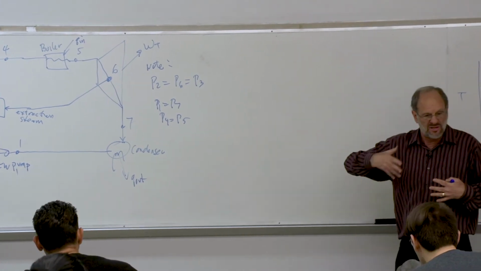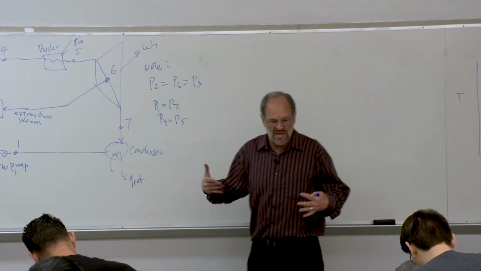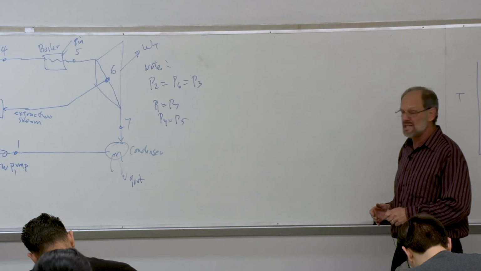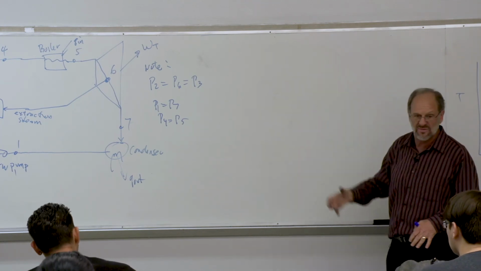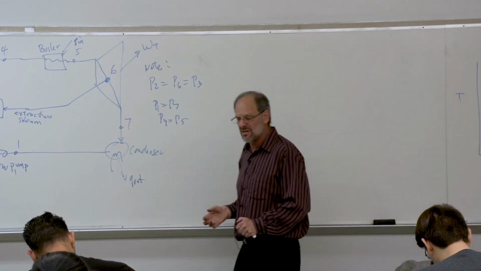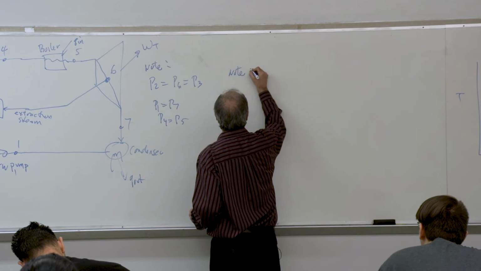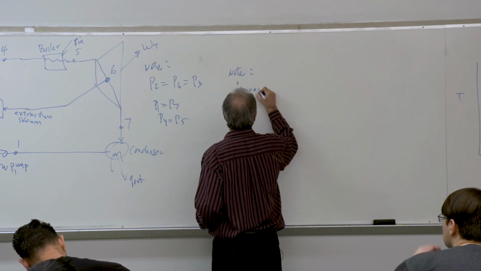Remember, everything we've done up until now, we've used lowercase q, lowercase w, enthalpies, really specific enthalpies, right, lowercase h. We're going to have to be careful now because we know that the units of mass are going to change. We've got more mass from 5 to 6 compared to 6 to 7, so we have to be really careful with that. Okay. So another thing to note is that the mass flow rate varies.